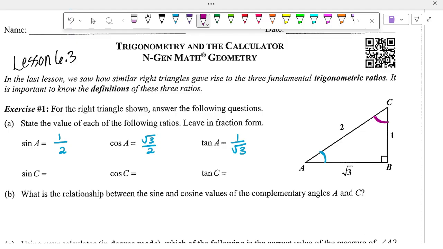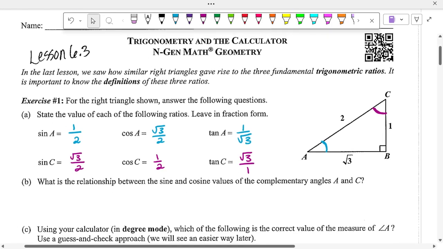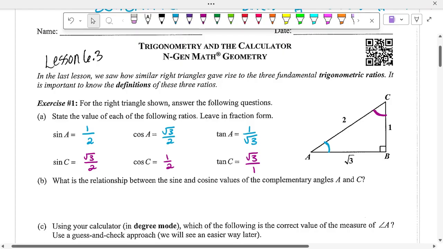What is it now? Square root 3 over 2. Cosine of C, what is it? 1/2. And then tangent of C? Square root 3 over 1. So that's just a review from yesterday. All right. Any questions so far?